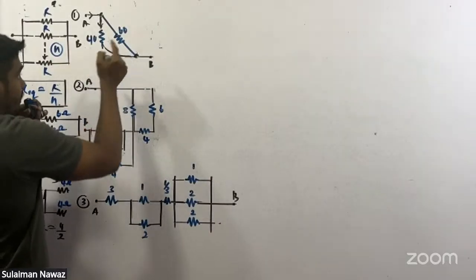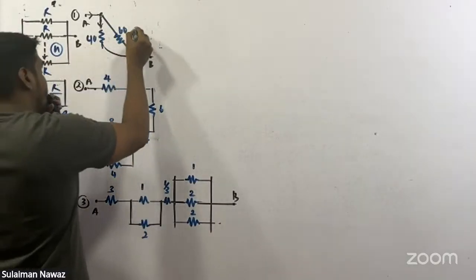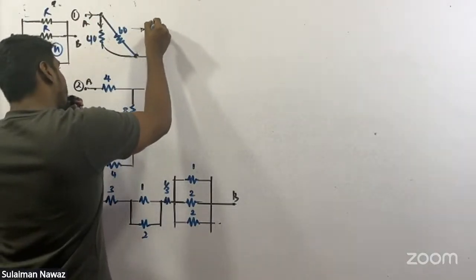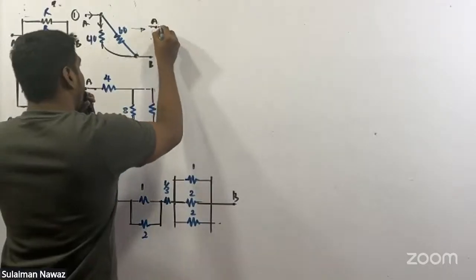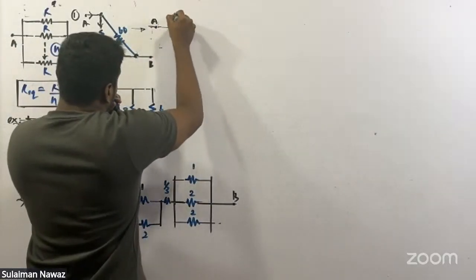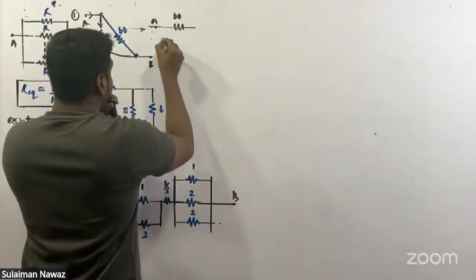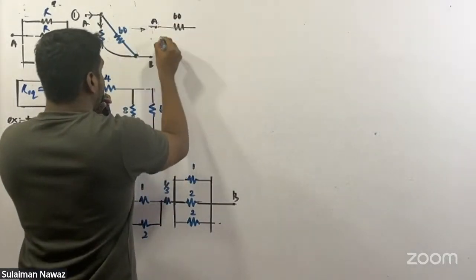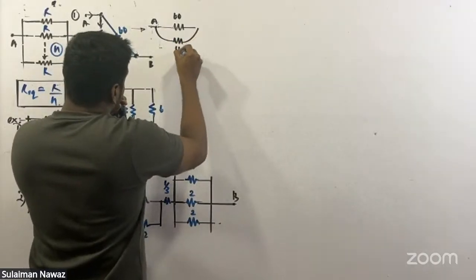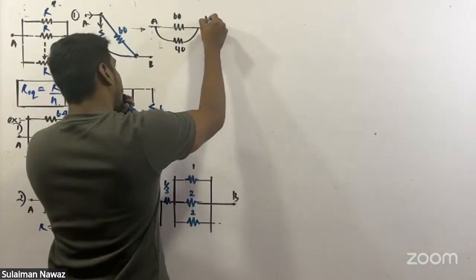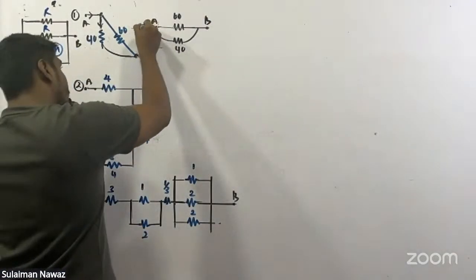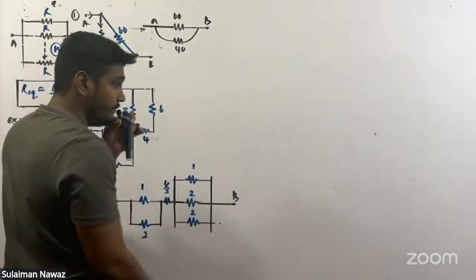Now you can summarize it between point A and point B: it is equivalent to 60 ohm and the other one is 40. This is your point B.